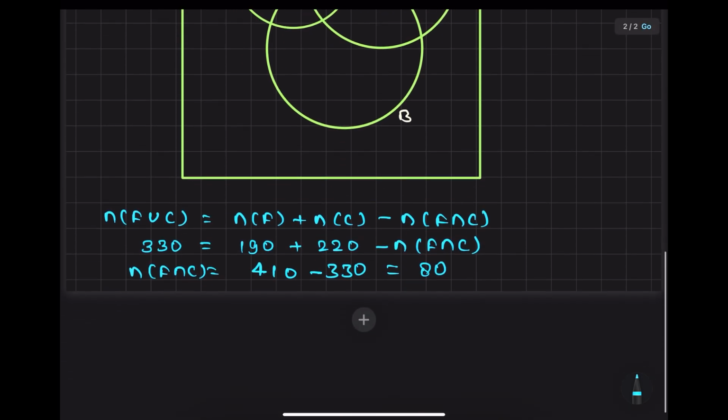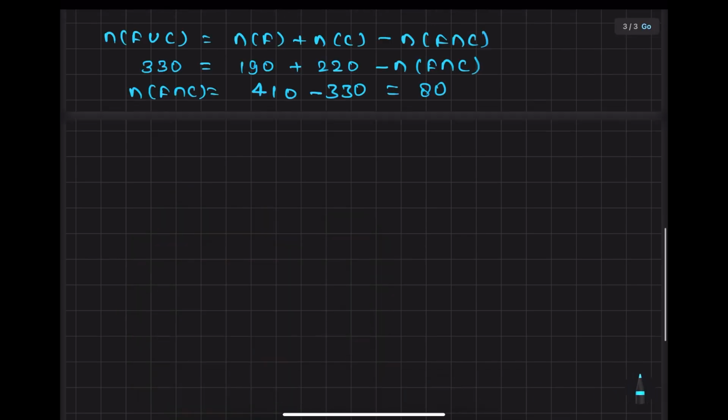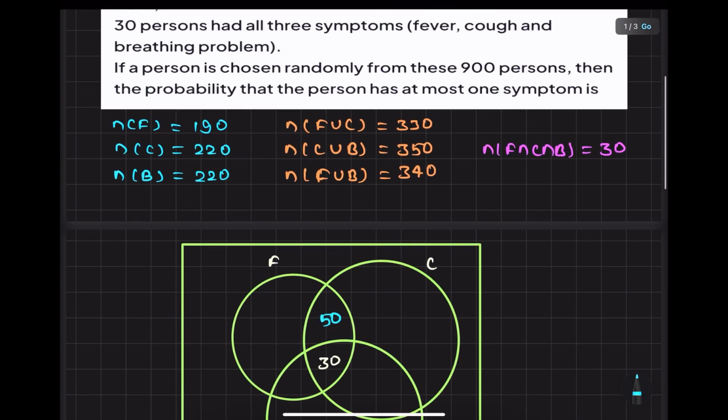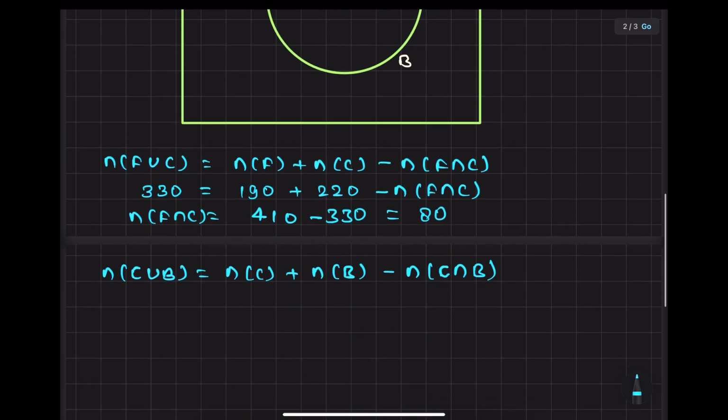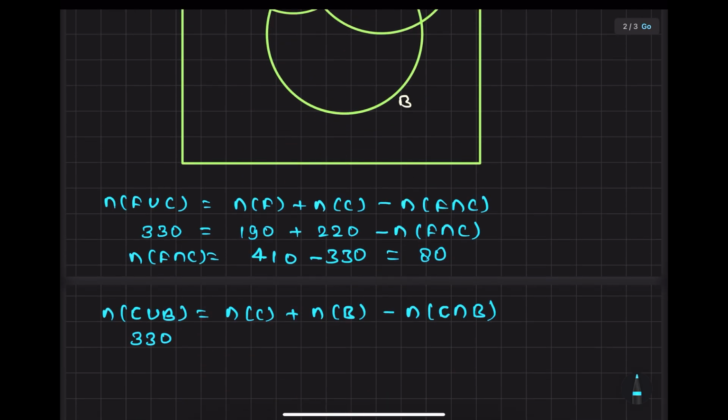Okay, now let's move on to the next part. This time we will go with N of C union B. N of C plus N of B minus N of C intersection B. Cough union breathing problem is 350.